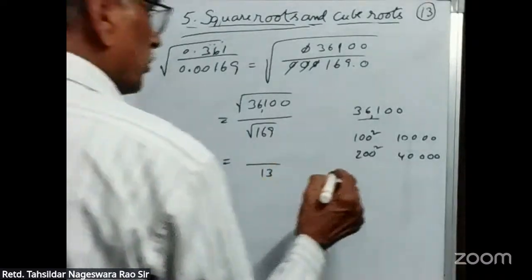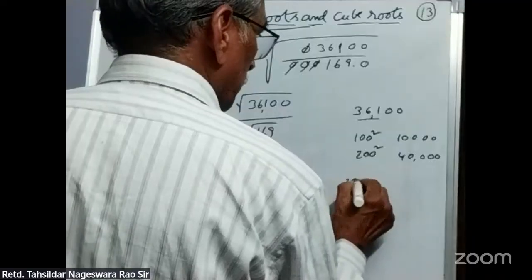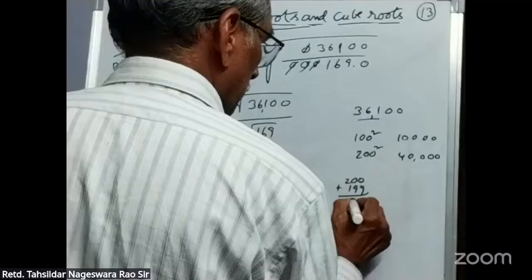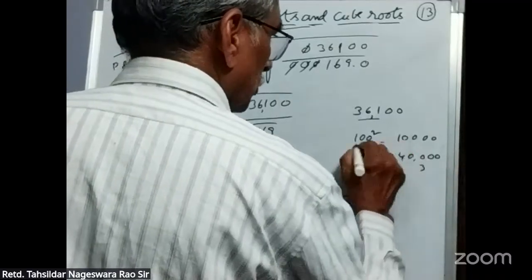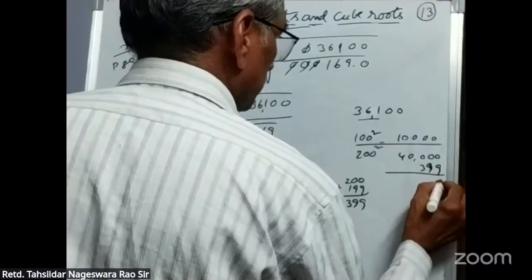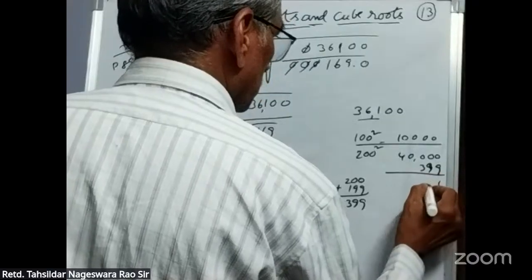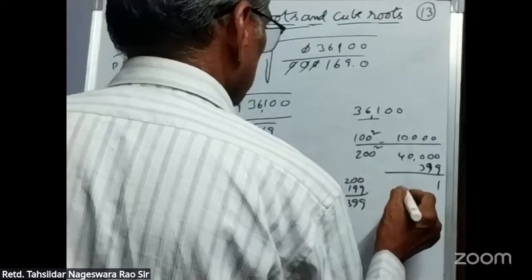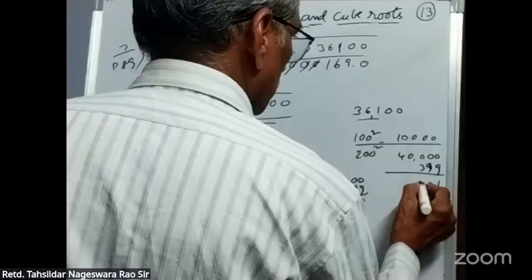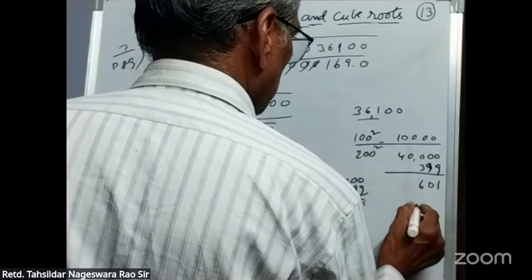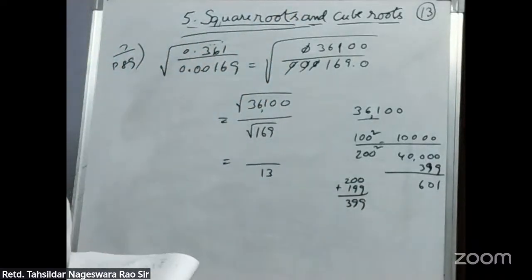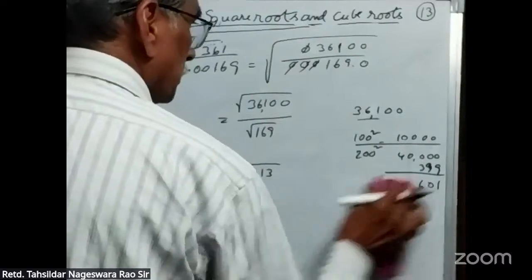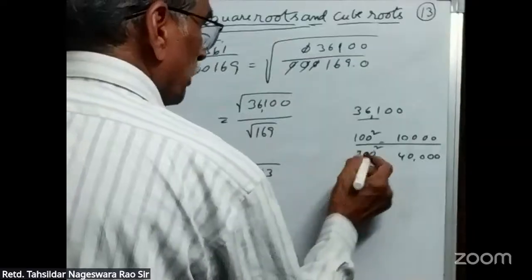You see, if from 40,000, 200 plus 199 is subtracted, 399, what will happen? See, 200 square is together.